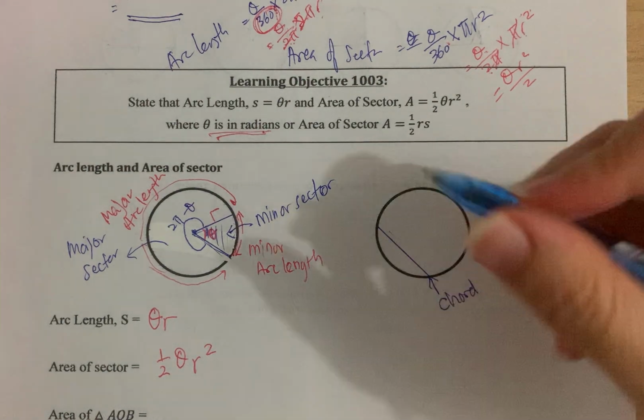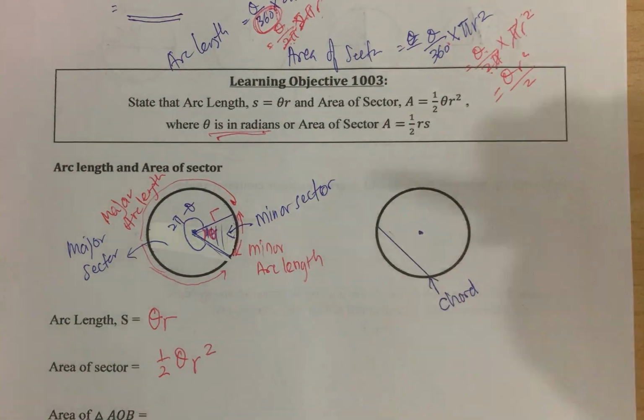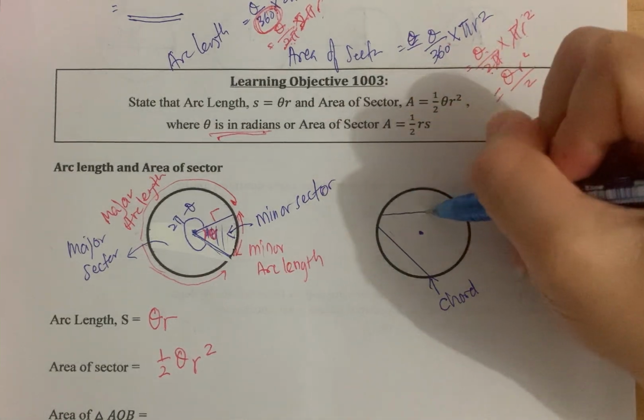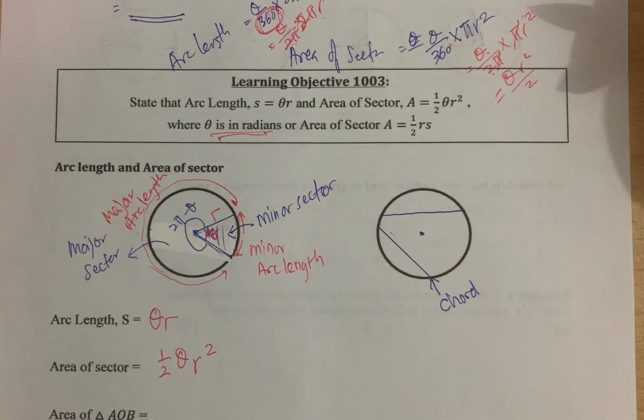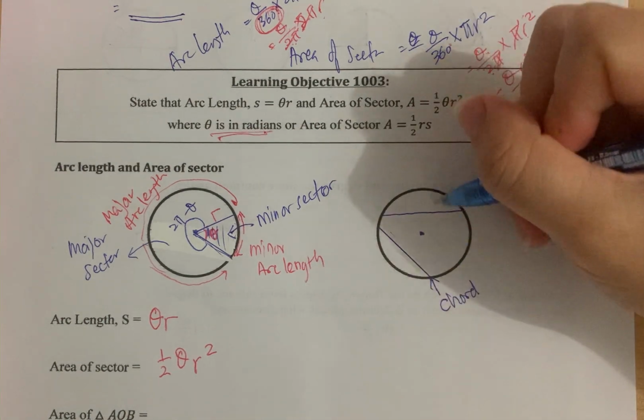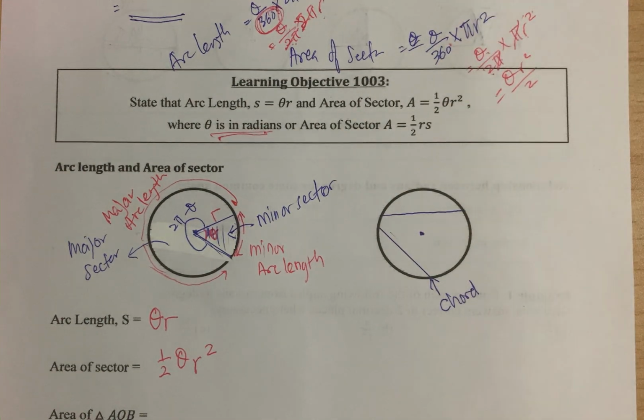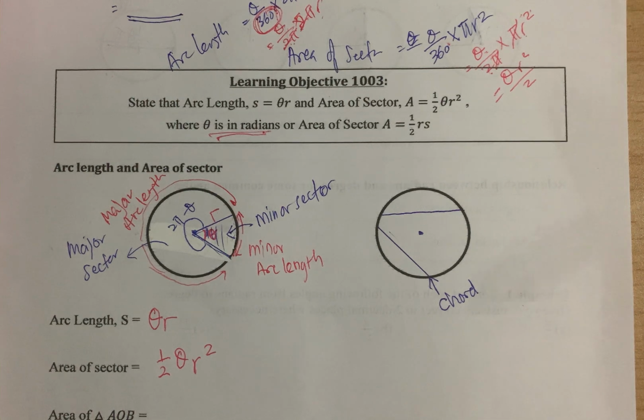But when you have a chord, it does not pass through the center. So this one also is a chord, isn't it? It can be any. I don't want to draw too much. So basically, as long as it does not pass through the center, it is always a chord. If it passes through the center, it means that it is a diameter. Okay, so that is the difference.